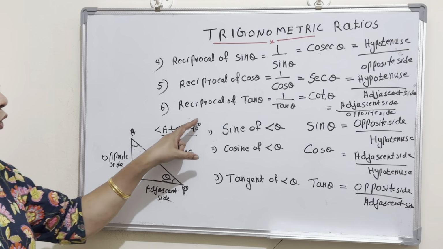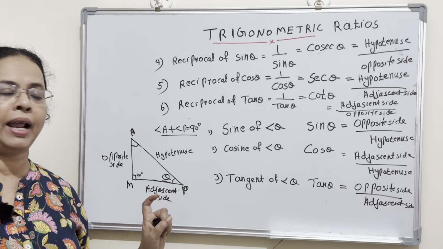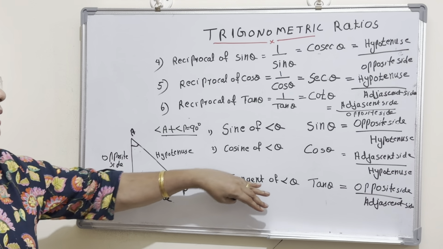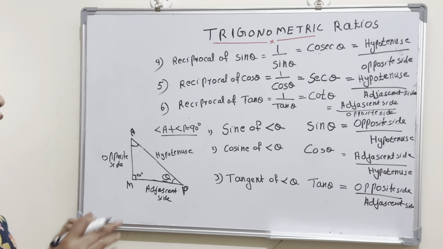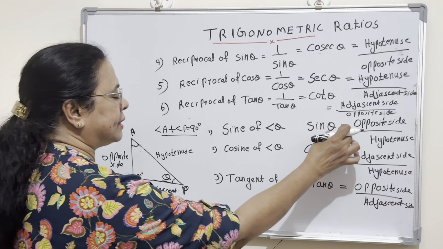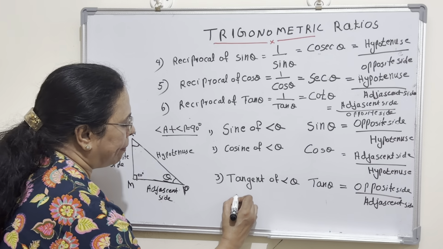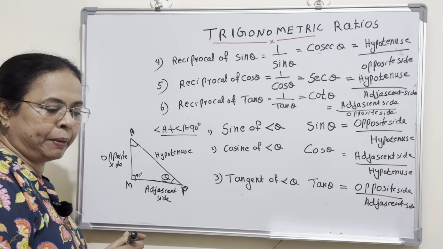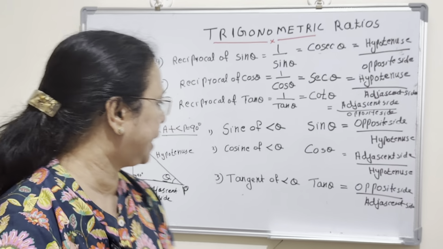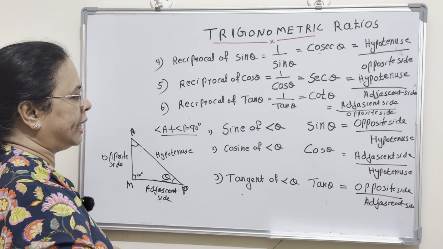So, if you know the first 3 ratios well, the other 3 ratios are just the reciprocals, right? To memorize a little more easily, let me go for some mnemonics. Suppose I write sine theta.